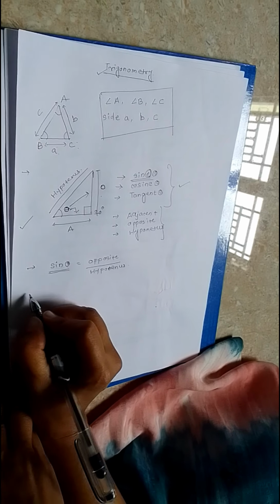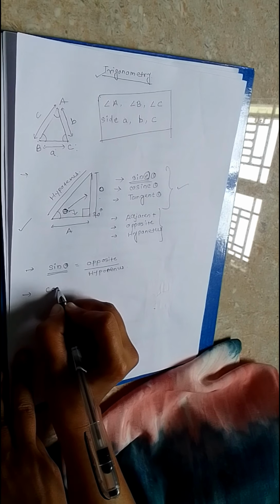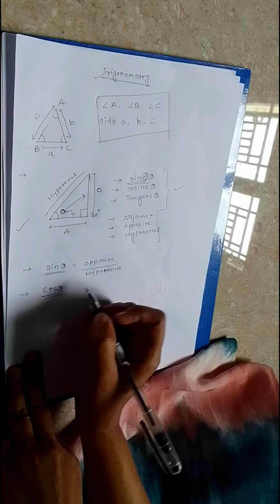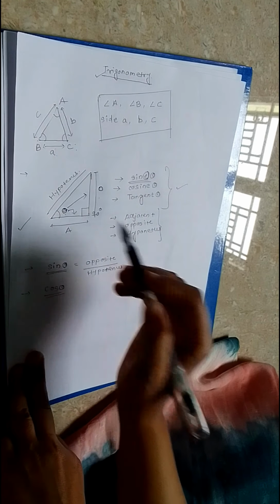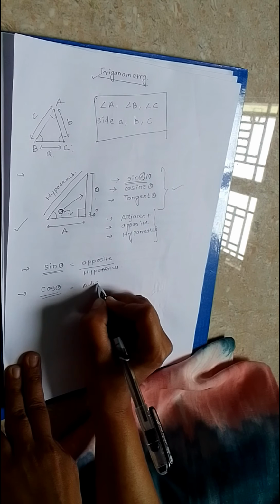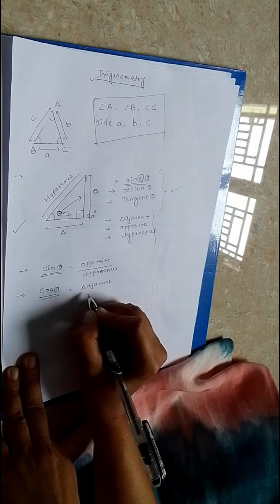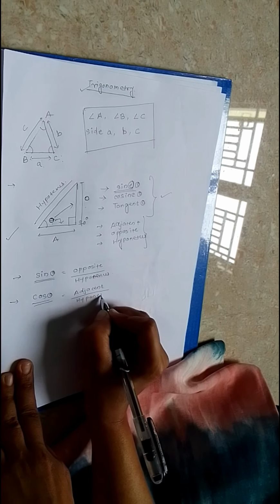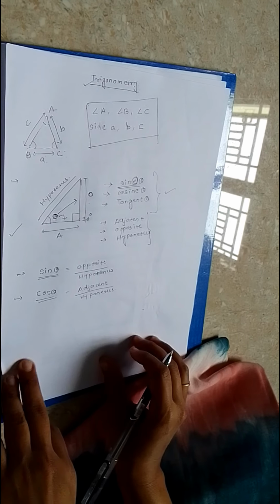Similarly, how will we define cos theta? Cos theta is nothing but the cosine function of this angle theta, which can be written as adjacent side upon hypotenuse.